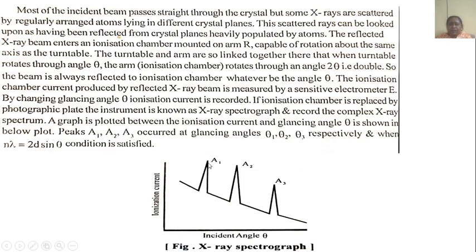Peaks A1, A2 and A3 occur at glancing angles theta 1, theta 2 and theta 3 respectively, when the condition n lambda equal to 2d sin theta is satisfied.